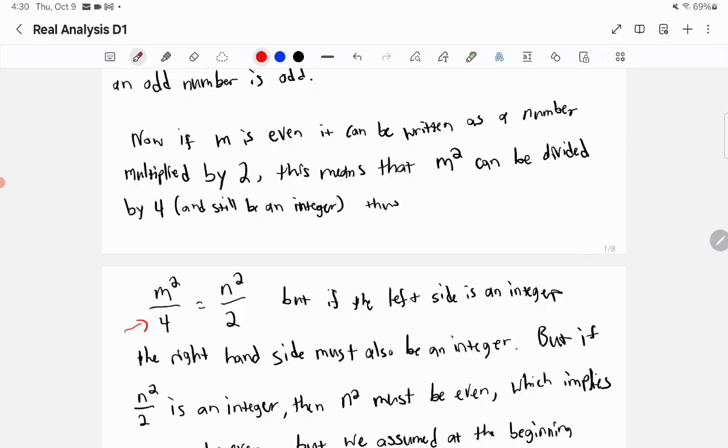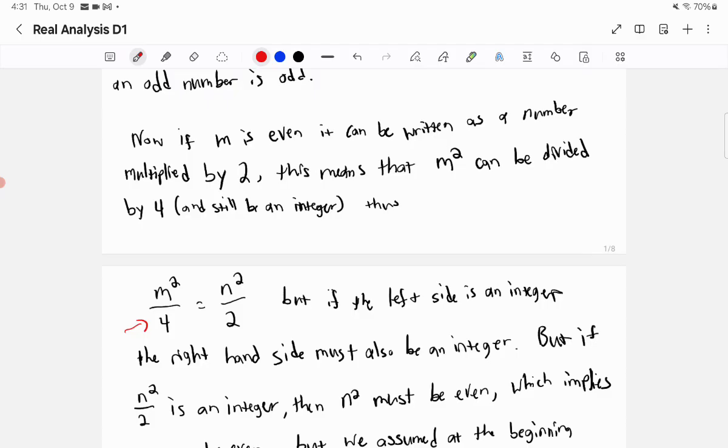Now, since the left-hand side has to be an integer, then n squared divided by 2 also has to be an integer, because it's an equal sign. And the only way that n squared divided by 2 is an integer is if n squared is even, because dividing a number by 2 and getting an integer requires that number to be even.